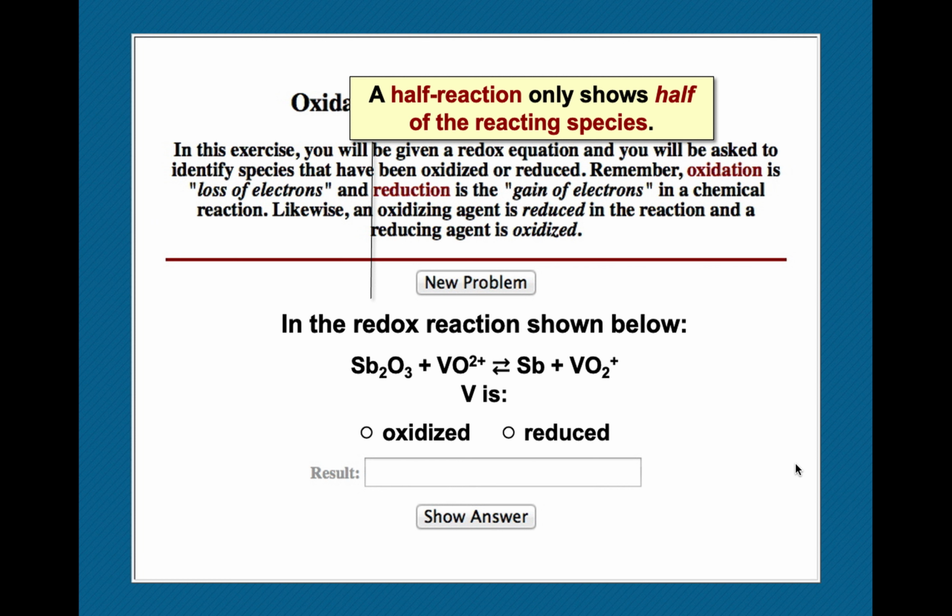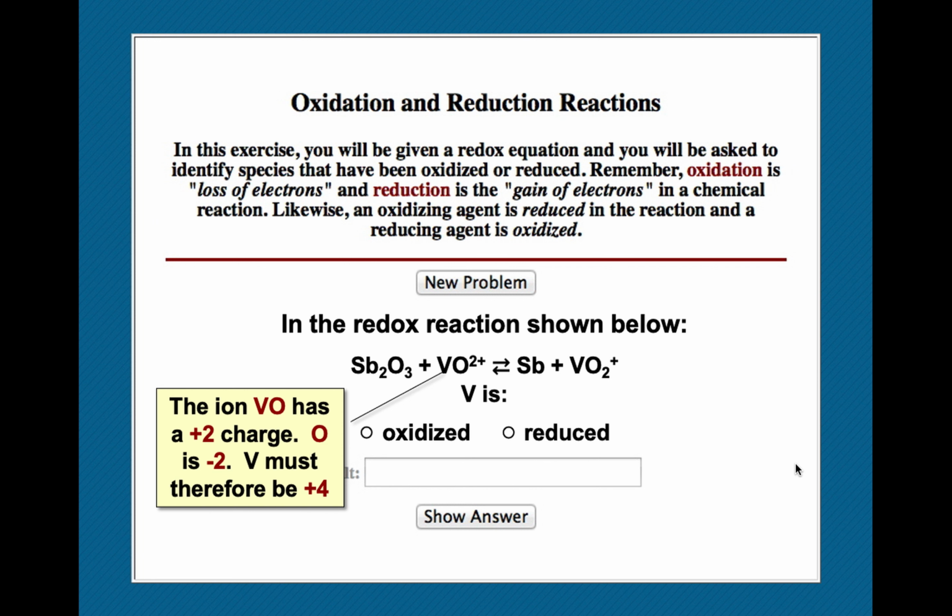The oxygen will be a -2, right? But this little polyatomic ion has a +2 charge. That means that the vanadium is providing the extra pluses. 2 of them to neutralize this, and 2 for this guy. VO has a +2 charge, oxygen is -2, vanadium must be +4. +4, -2, 2 left over. VO2 with a plus charge.